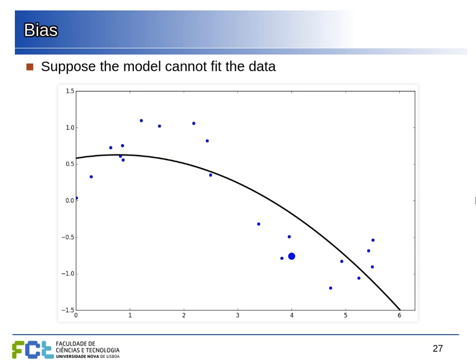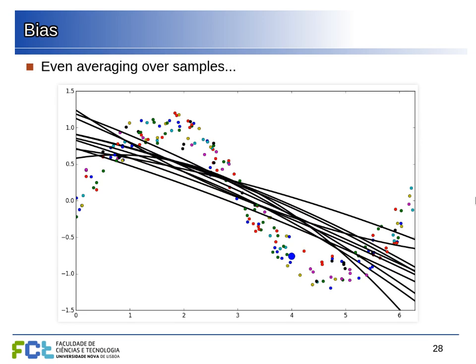So let's suppose, to illustrate this, that the model cannot fit the data adequately, and so we have this curve that does not pass close to, say, this point here. If we train the model over different samples of the possible data, so we have our universe of data points distributed like this, we can sample and draw training sets from that universe of data points, let's say by doing some experiment.